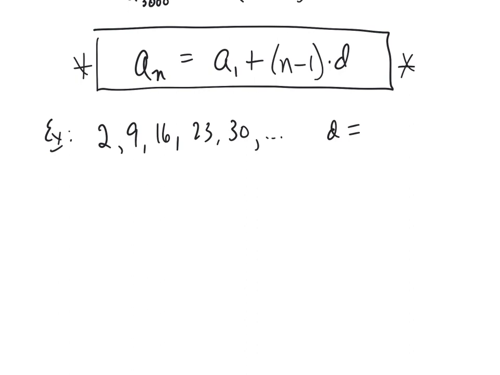What's the difference between any of the terms? If you take 30 minus 23, 23 minus 16, 16 minus 9, 9 minus 2, what do we get no matter which ones we pick? We get a common difference of 7. Taking any one of the terms, subtracting the one that comes before it, we always get the same value, 7.